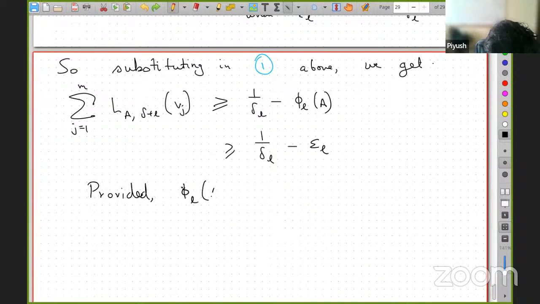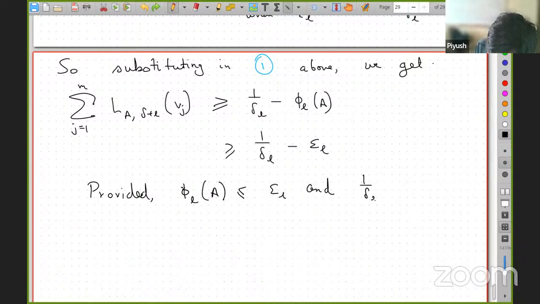Provided that phi L of A is less than epsilon L and 1 over delta L is bigger than epsilon.